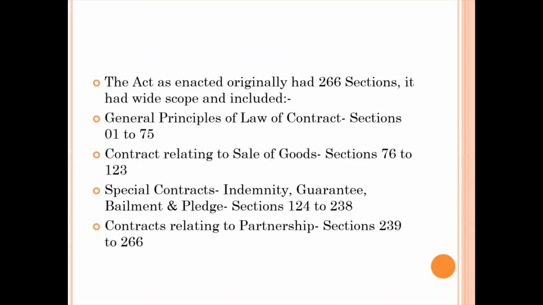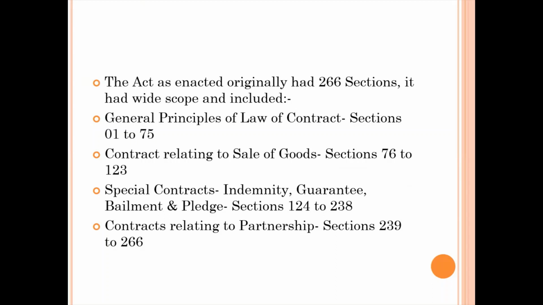At the time of enactment, it had 266 sections. Sections 1 to 75 contain general principles of the law of contract, and sections 76 to 123 deal with contracts relating to sale of goods.